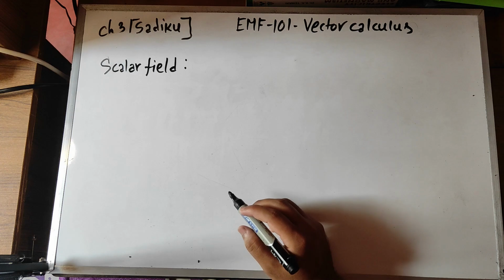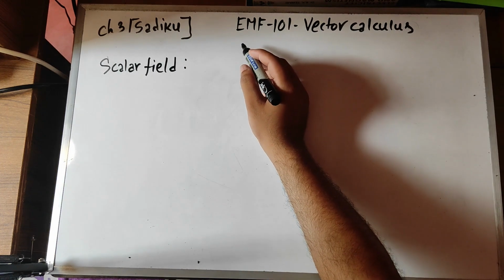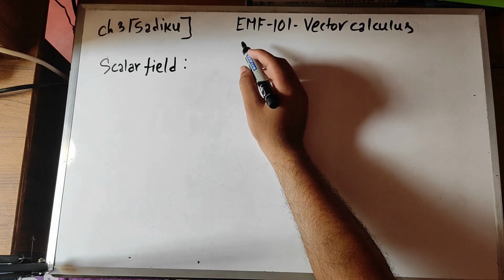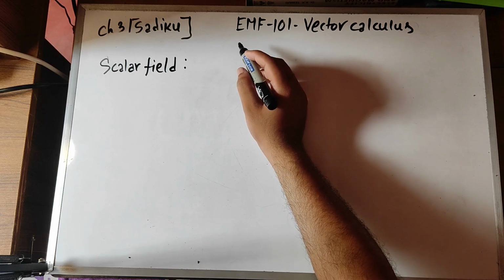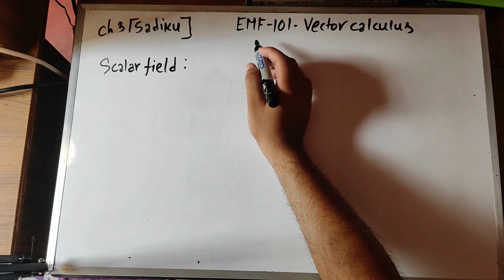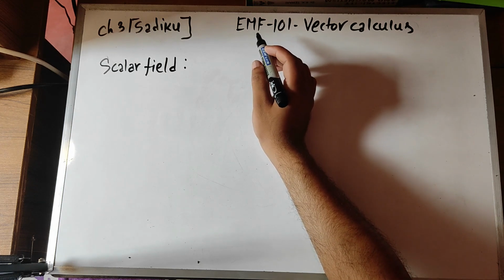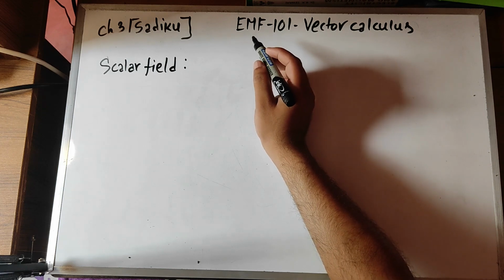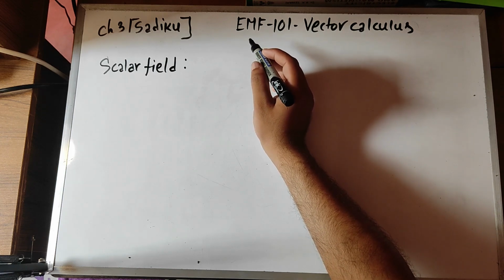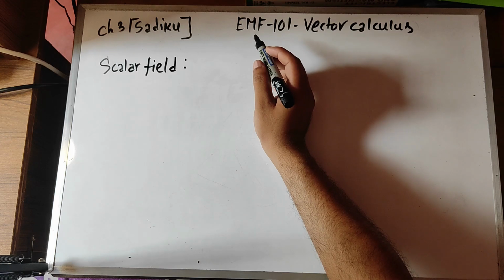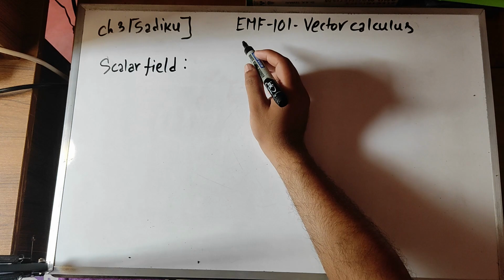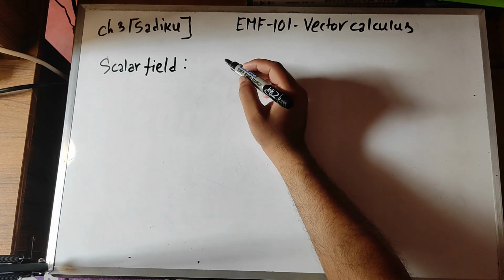So in electromagnetics, there are two kinds of fields we have to know to understand the orientation of electromagnetic fields and to get the corresponding values in a defined coordinate system. We have to understand what a scalar and what a vector is in terms of fields.